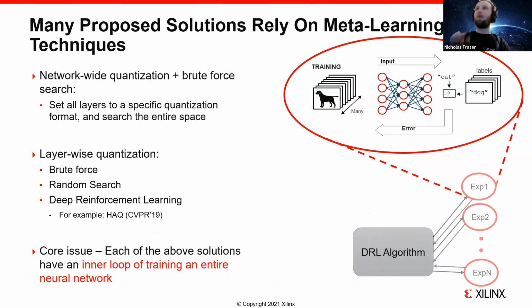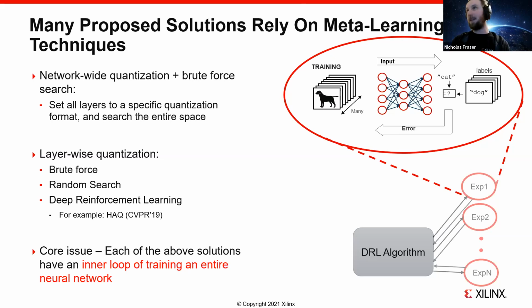An example of a really, really bad meta-learning technique: we could do a brute force search to decide all of the layers in our neural network. Let's go from binary to 10 bits, go through each individual layer, set a different precision for every single layer, do every permutation, train the network, tell me what the accuracy is, and then I'm going to have a really, really good answer.